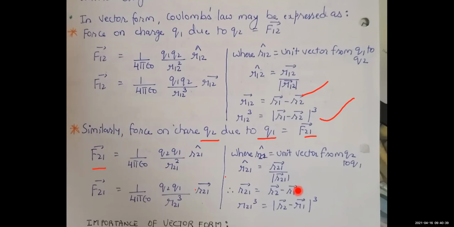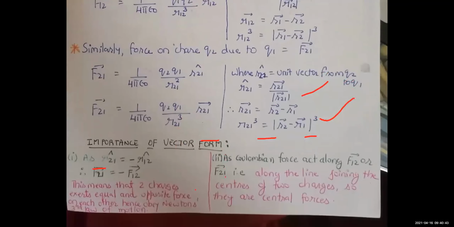So magnitude already was square and it will become cube. So here you are having the cube and the direction also. So this is your Coulomb's law in vector form. Here R21 is nothing but vector R2 minus R1. And if you do cube, it is the magnitude cube.